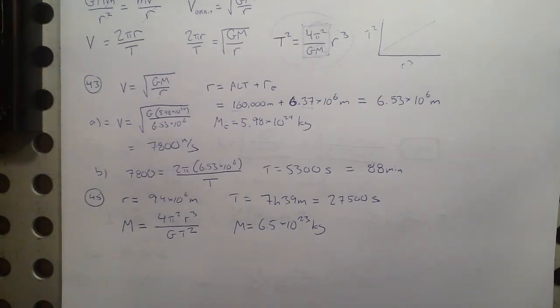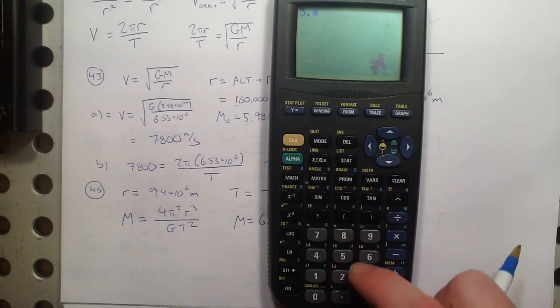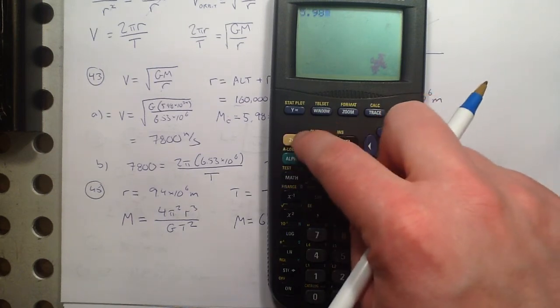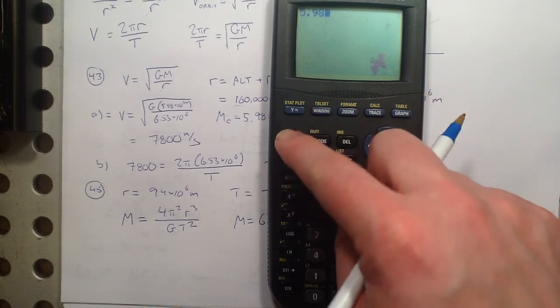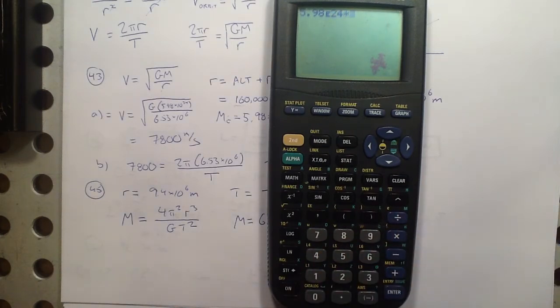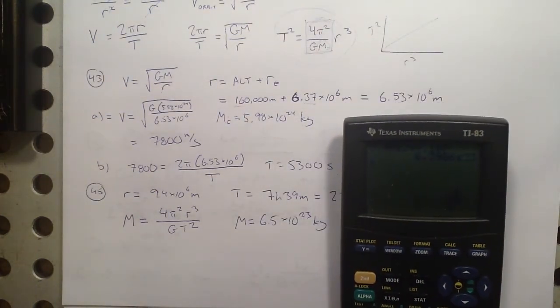So it's 0.107 times the Earth's mass. And the Earth's mass we just did was 5.98 times 10 to the 24th, and they give it so it's 0.107 times the mass of the Earth. It's about 11% of the mass of the Earth. And pretty close. It's about 6.4 times 10 to the 23rd.